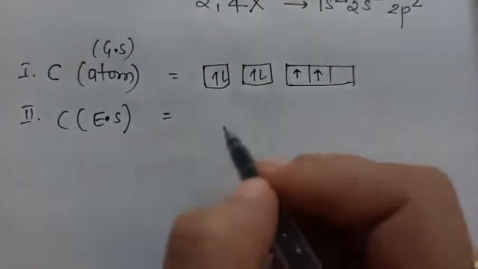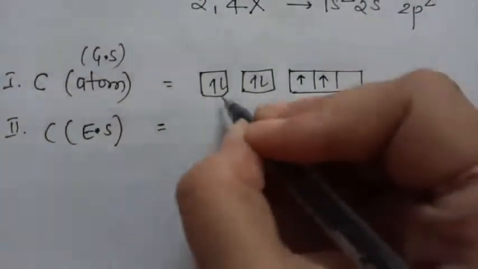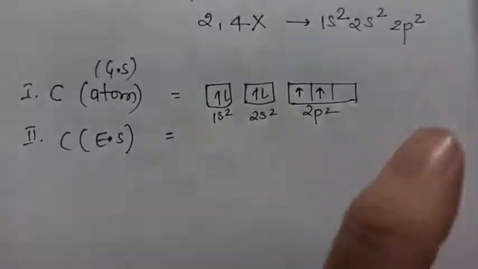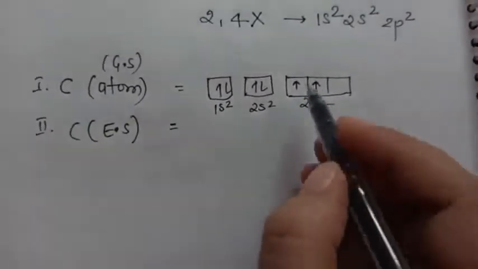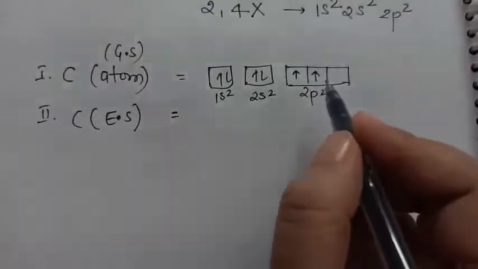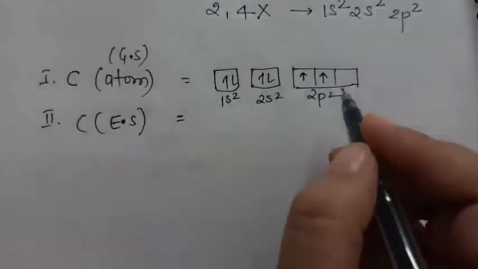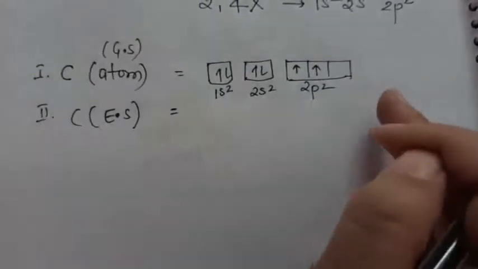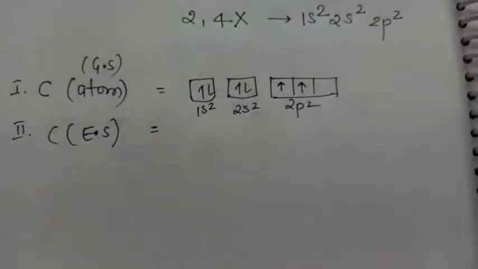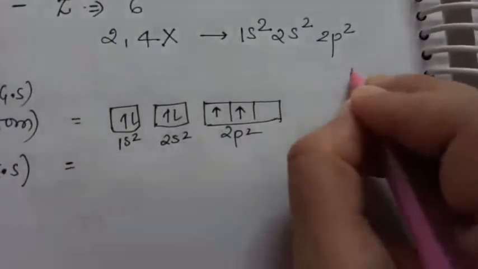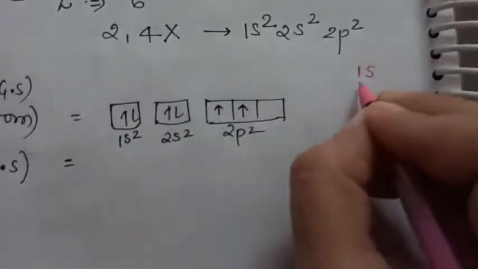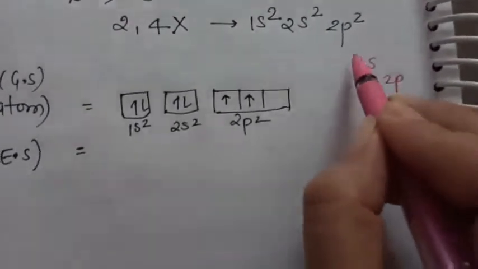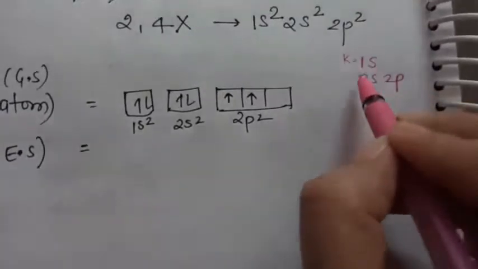Now you see how to make the excited state. Here you will have to pay a bit of attention. This is the configuration you have drawn. Now remember that only the orbitals of one shell will participate in hybridization, or rather I should say only the orbitals of the outermost shell will participate in hybridization. What is the meaning of this statement? If I understand this configuration with respect to the Aufbau rule, you can see very well that this is the K shell of carbon and this is the L shell.